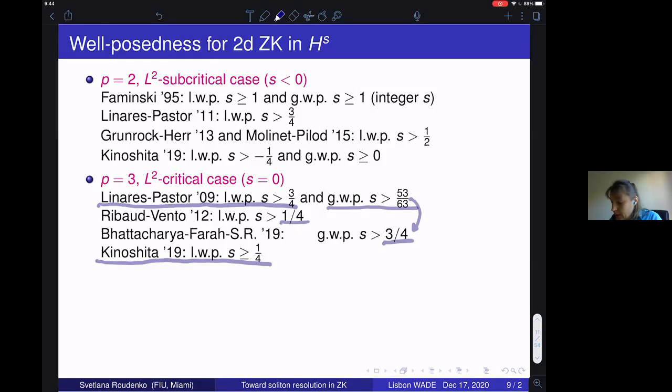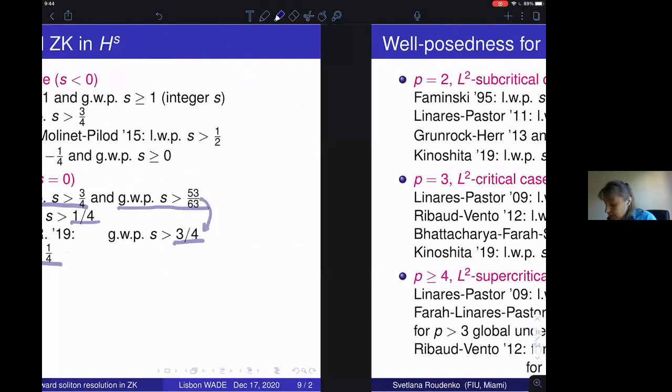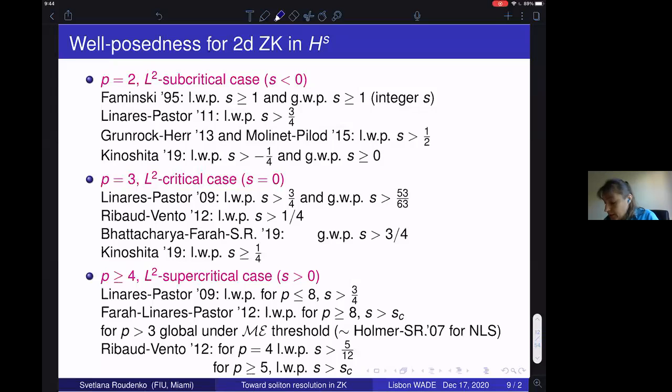So let's look now at other p's, because this is also an interesting and quite unopened territory to look at various things. This is the so-called L2 supercritical, where s greater than 0. Typically we expect in the supercritical case, and especially in the focusing, some kind of instabilities and formation of singularities like blow-ups.